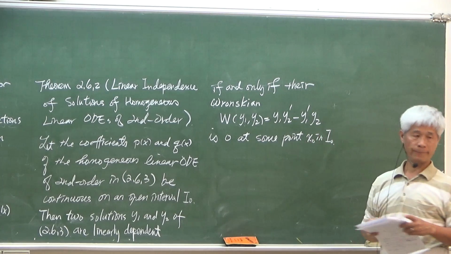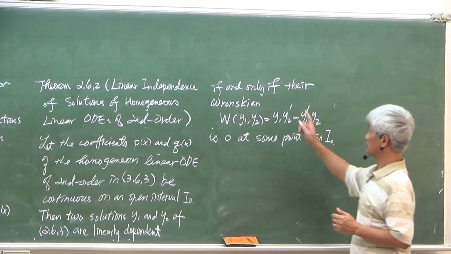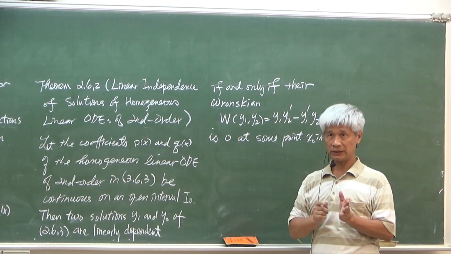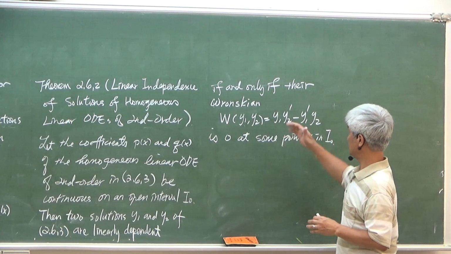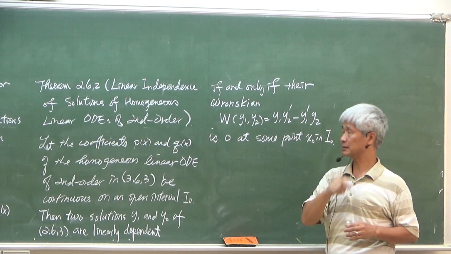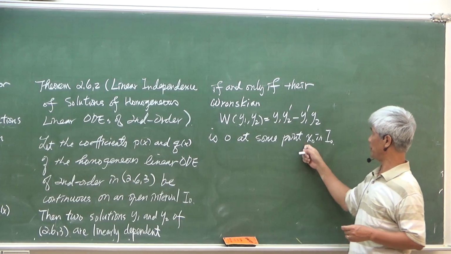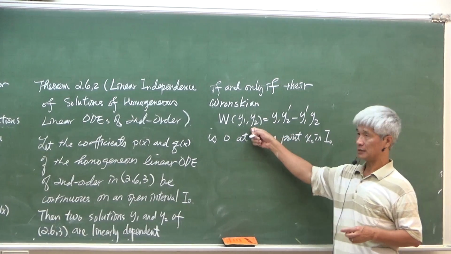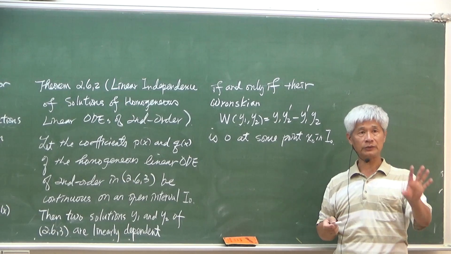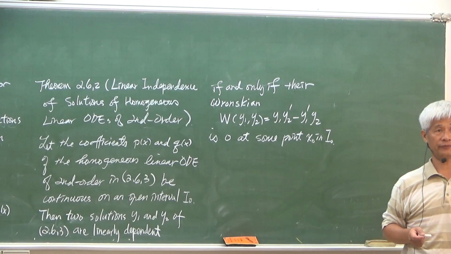Okay? It's very weak. This is a different, only-one-point condition. You just need to compute the Wronskian and inspect that in this open interval, there exists a point x0 such that the Wronskian has value 0. At this point, only one point is enough.